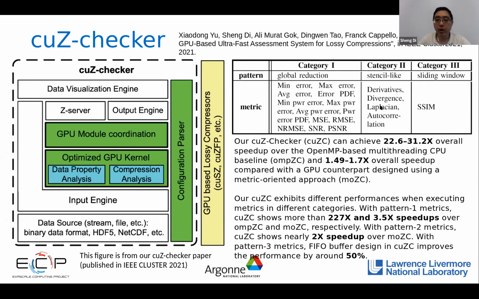In fact, some of them are not that easy to get very high performance. And our optimized algorithm can get 227 times speedup over the OpenMP version of Z-checker, and 3.5 times speedup over the simple version of the GPU Z-checker, which is called MOZC.